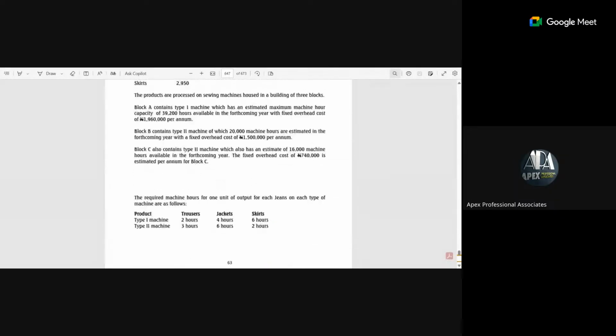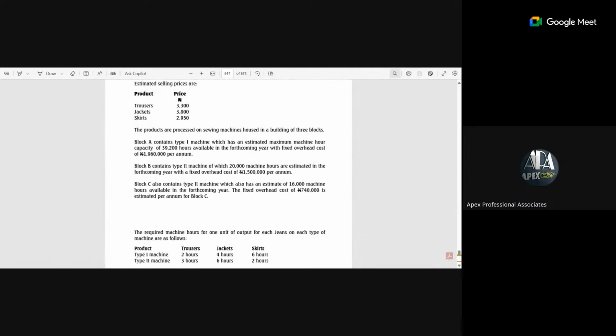From the question, type 1 machine hour. Based on this statement, the total available hour is what? 39,200. Fine. Block B is using type 2.